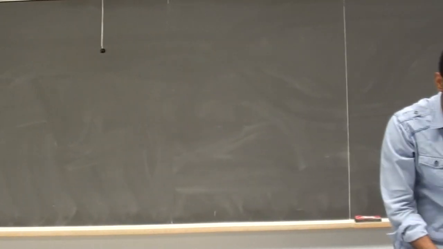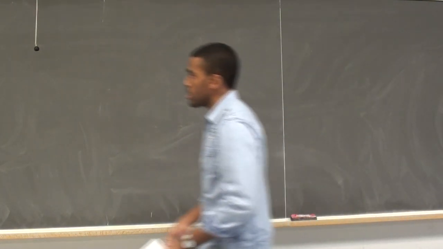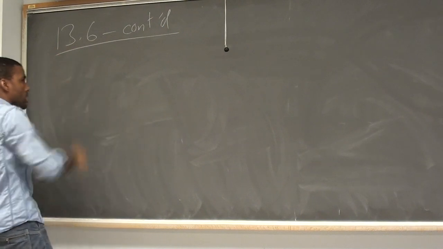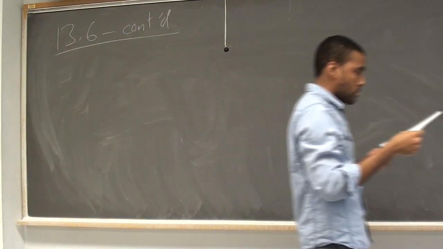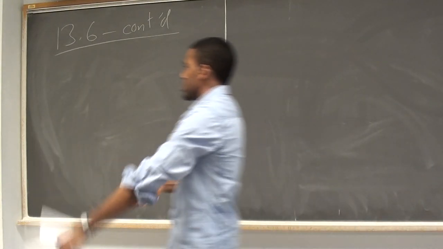So last time we started 13.6. Well, we barely started because we had to have our talk. So let's continue with 13.6 and try to finish it today. In 13.6, we're going to learn to parameterize two-dimensional surfaces.